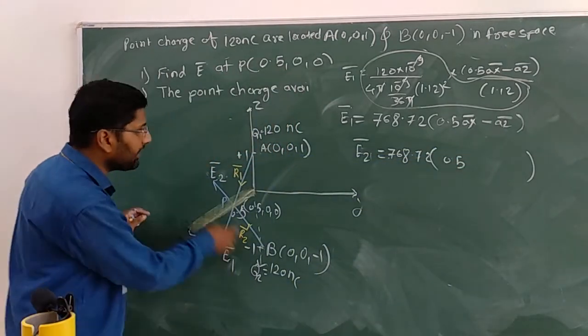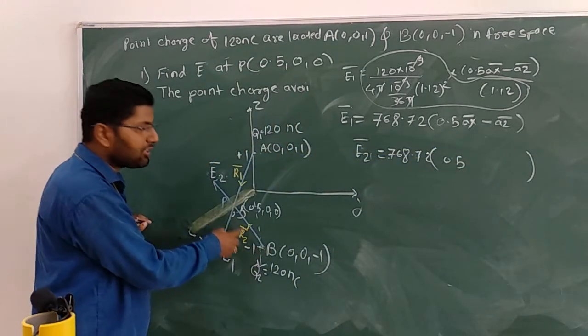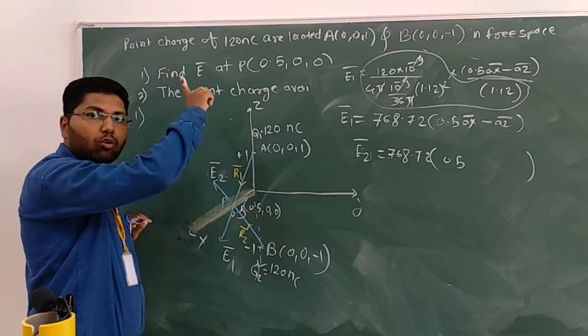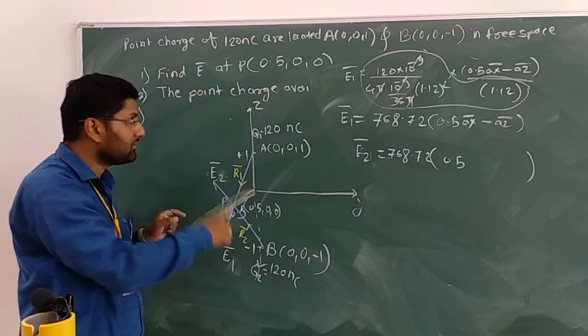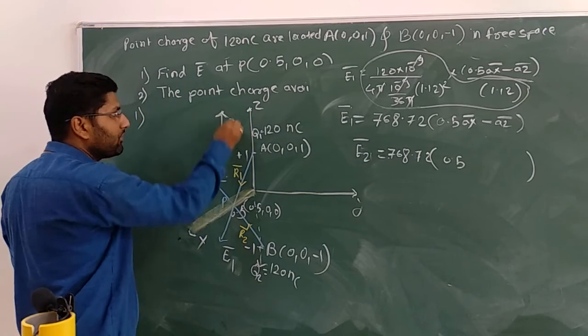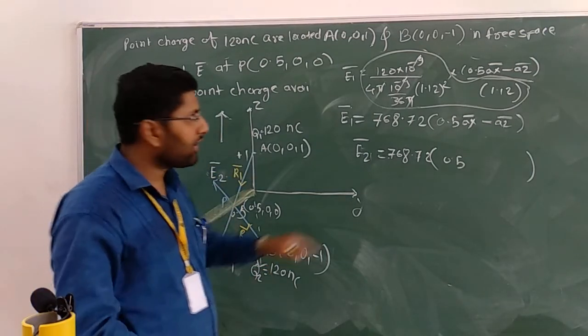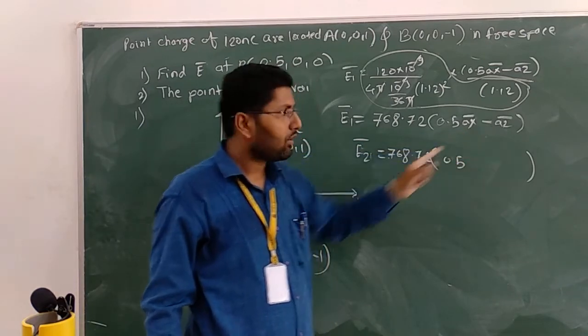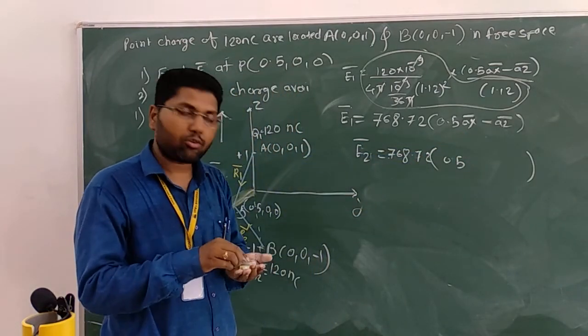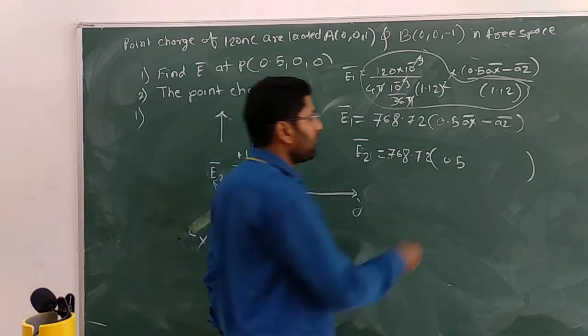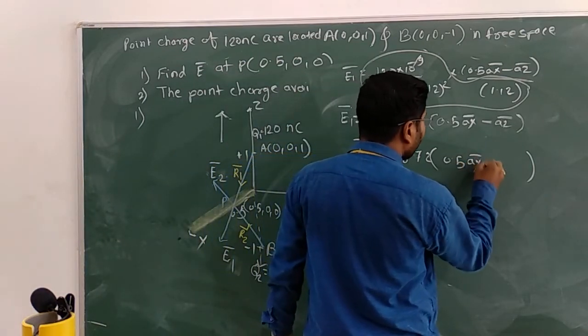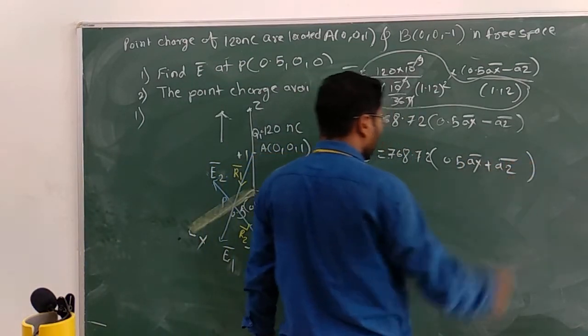When you are calculating E2 bar, the direction will be upward, so the direction will change. For E1 bar, z was downward, the sign was negative. Now you have to change the sign. So 0.5 Ax bar plus Az bar.